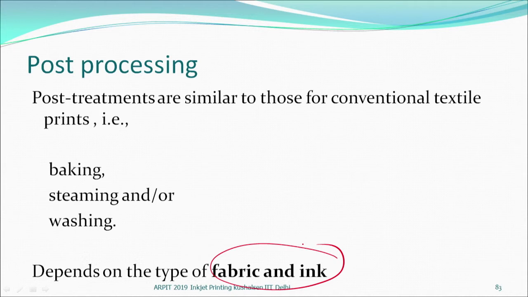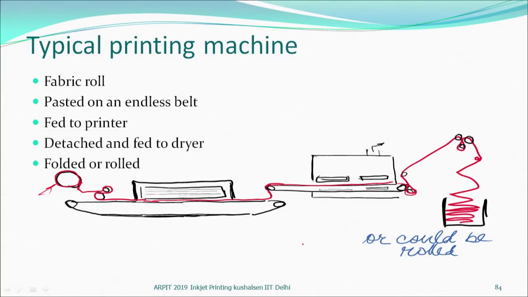So, pre-processing, printing, post-processing, all of that would be required for good inkjet printed textile production. A typical machine therefore may have a fabric roll, which is an endless belt where it may be pasted.